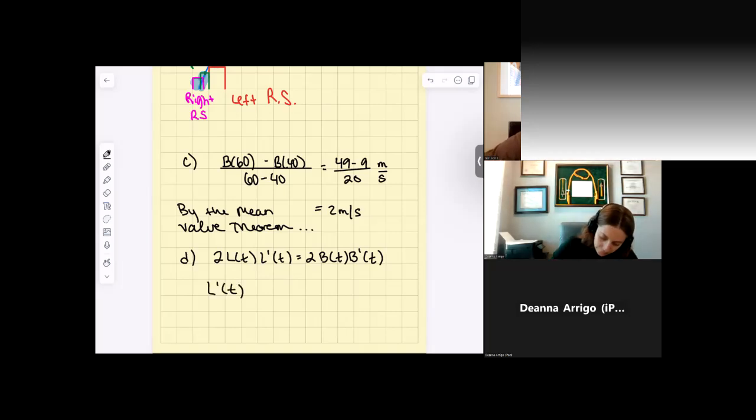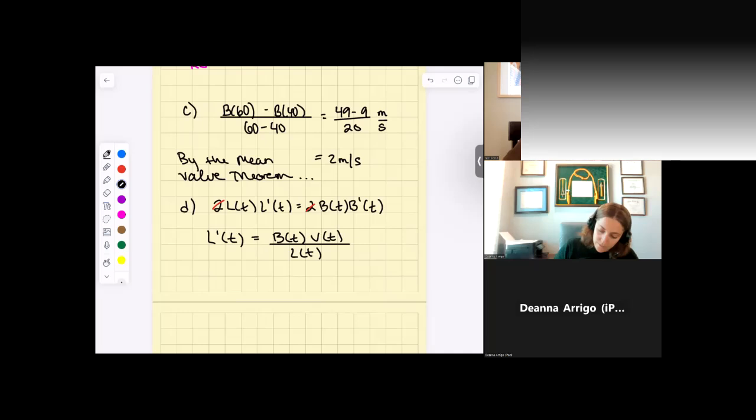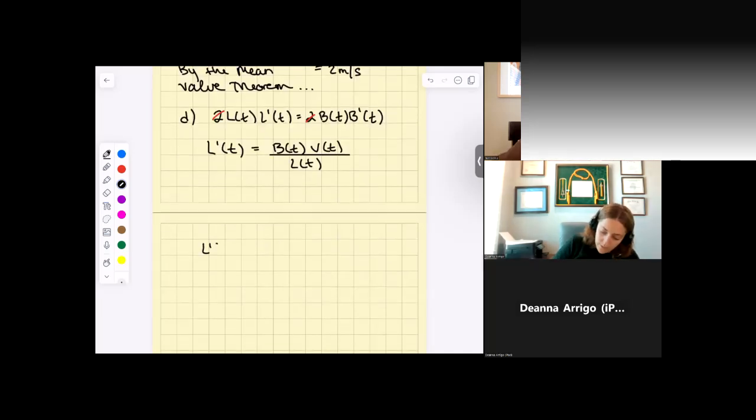So it's L prime of t equals b of t times v of t over L of t, evaluated at t equals 40. Now you would just plug in: I want L prime of 40, which means I want b of 40, v of 40. This wasn't that hard. No, but it was knowing what they meant by taking a rate. When you hear the word rate, you should think derivative.